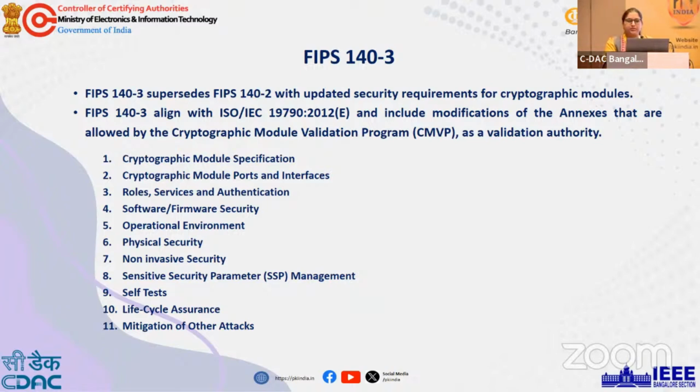The first one is cryptographic module specification, then cryptographic module ports and interfaces, roles, services, authentication, software and/or firmware security, operational environment, physical security, non-invasive security, sensitive security parameter management, self-tests, life-cycle assurance, and mitigation of other attacks. If a module has to pass ISO 19790, it has to comply with all these 11 security areas.